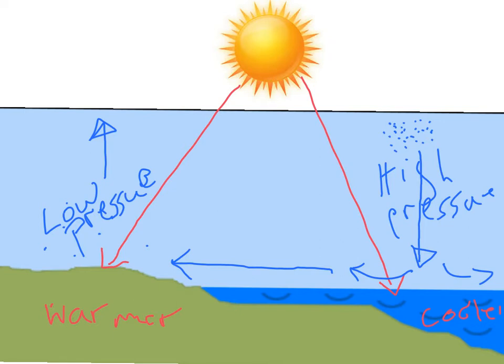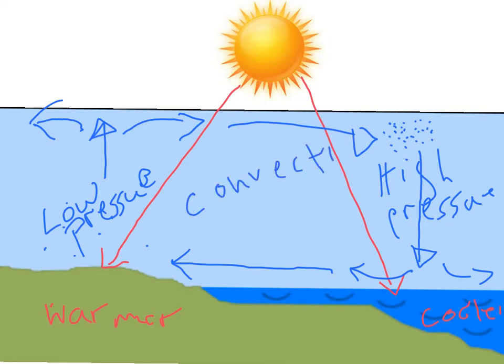Well, the same thing is true with our low pressure air. So as it reaches higher and higher into the atmosphere, it's going to start moving off in different directions. So we get this convection current going on, all because of temperature, density, and pressure differences.